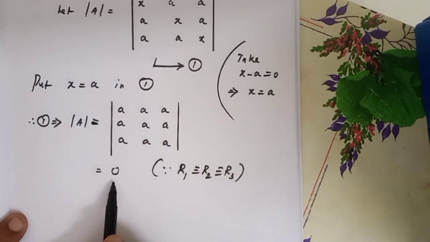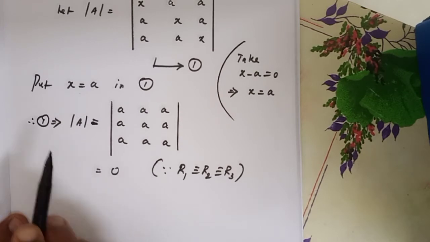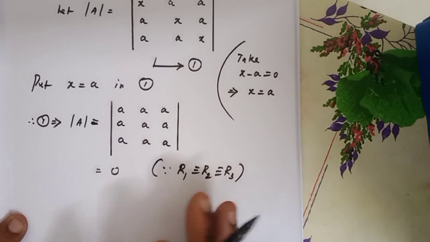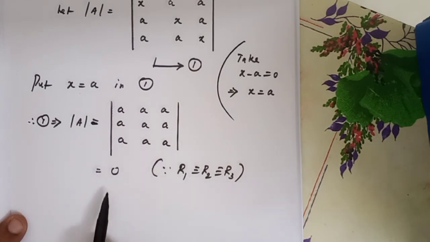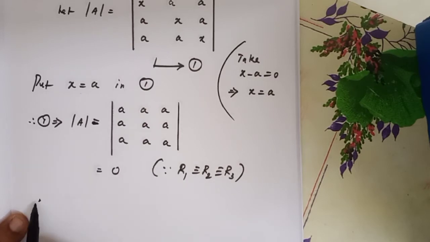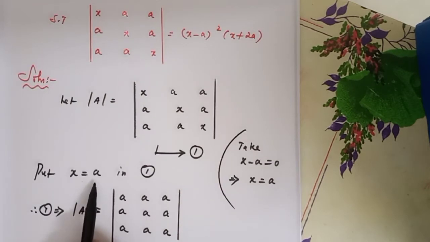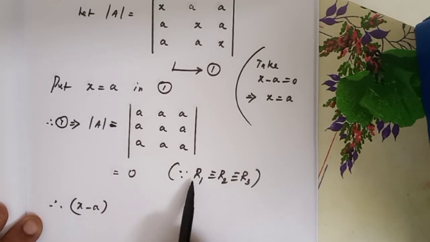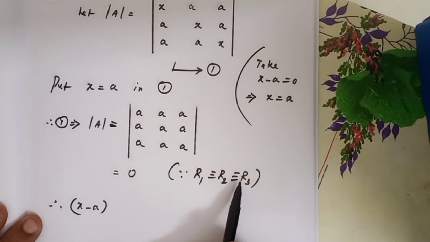So what is the determinant value? 0. That means the determinant A vanishes. If it is 0, we can say vanishes. Therefore, we have replaced x by a. Now, plus a comes to the left hand side: x minus a power. At the same time, we have 3 rows identical.